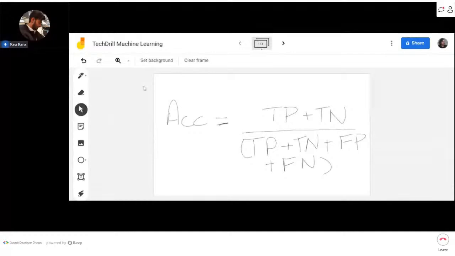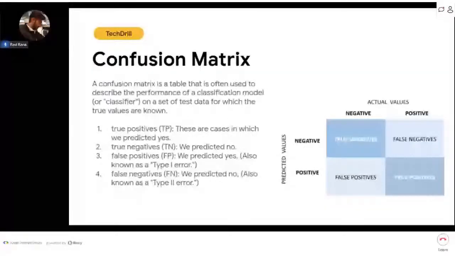Okay, but it actually belonged to class 2. So we predicted it as a yes. So this is called a false positive value. Similarly, a false negative value is when we predicted that a data point does not belong to class 1, but it actually belonged to class 1. So this is called a false negative value. So I hope I'm clear, Karthik, with confusion matrix.